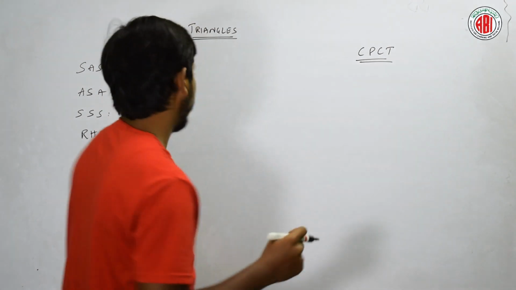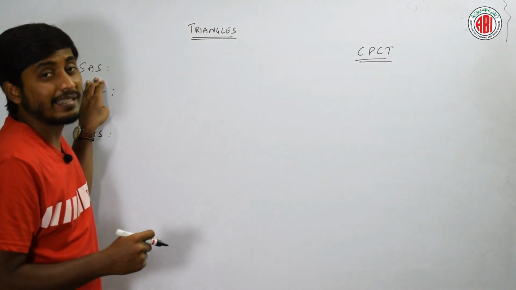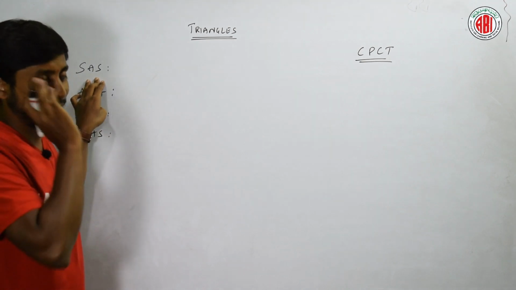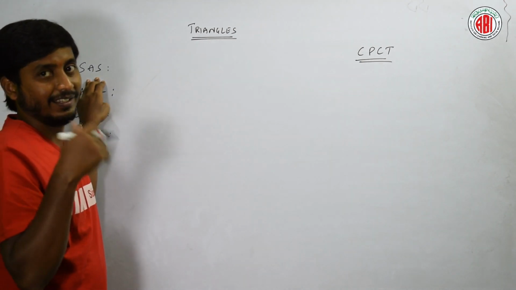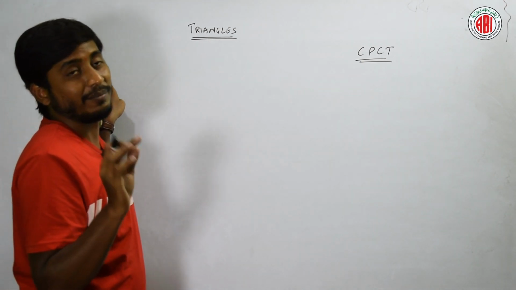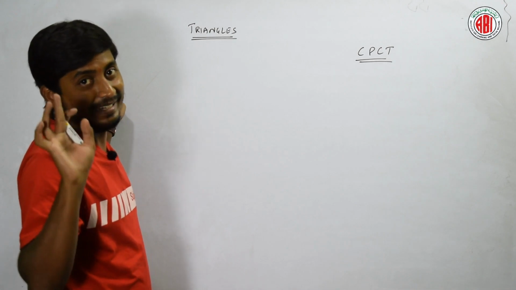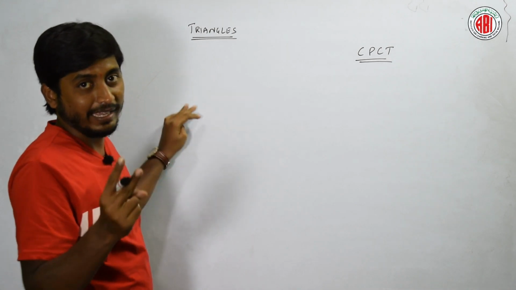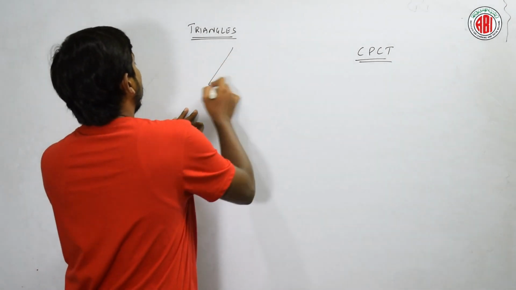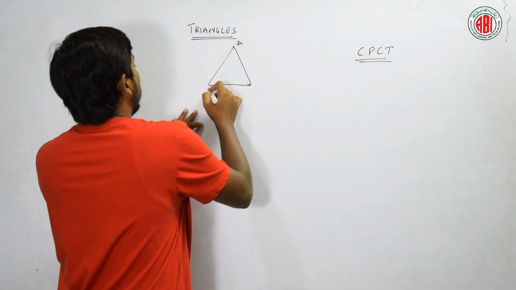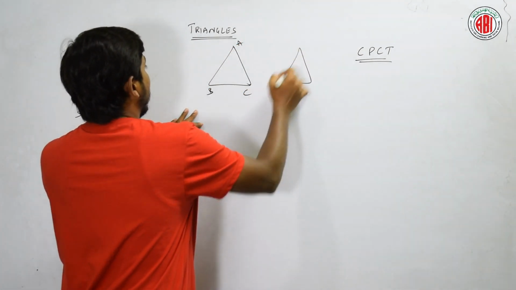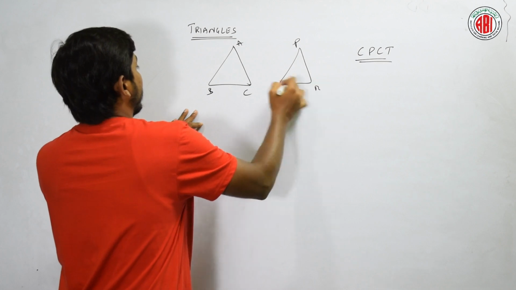Clear? Now see here, the first basic rule, that is SAS, which is just side, angle, side. Let us consider triangle ABC and triangle PQR.